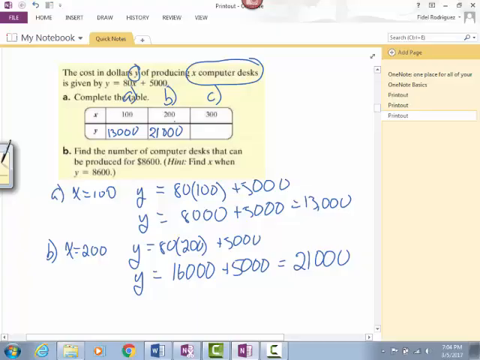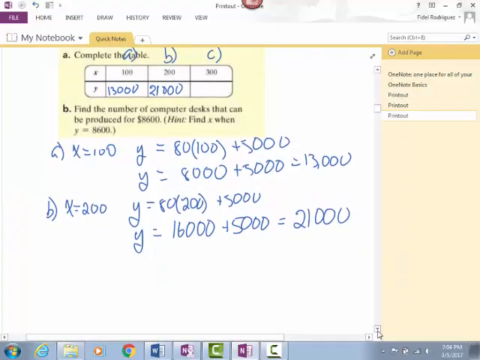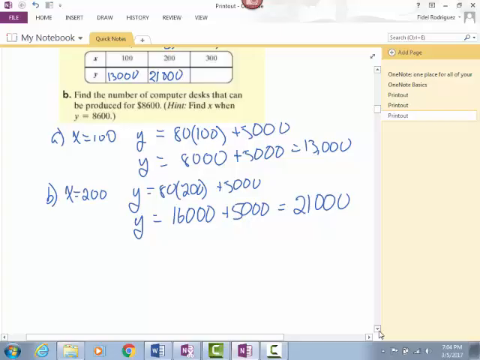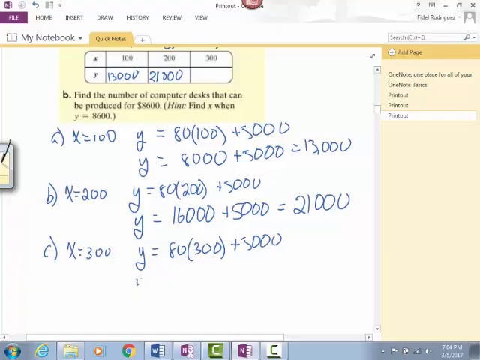Okay. I'm going to scroll down a little bit just so I have a little bit more room. And I'm going to do part C. Part C is now saying X is now equal to 300. So I'm going to go ahead and write this out. Y equals 80 times 300 plus 5,000.